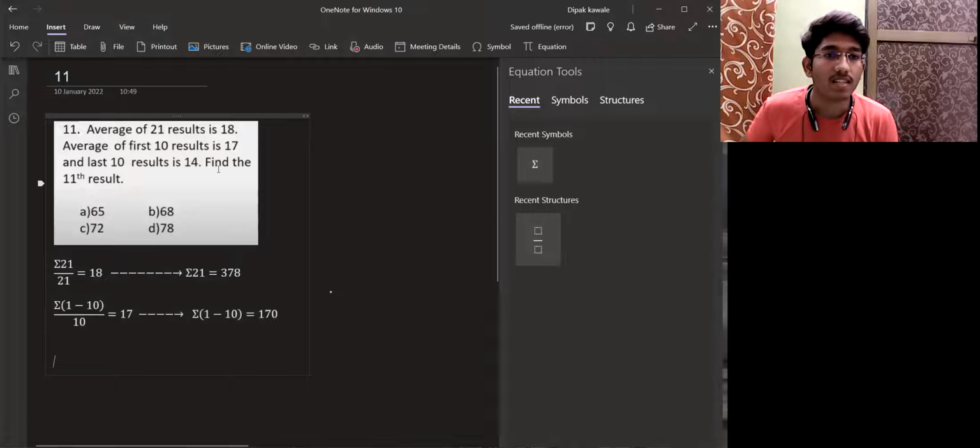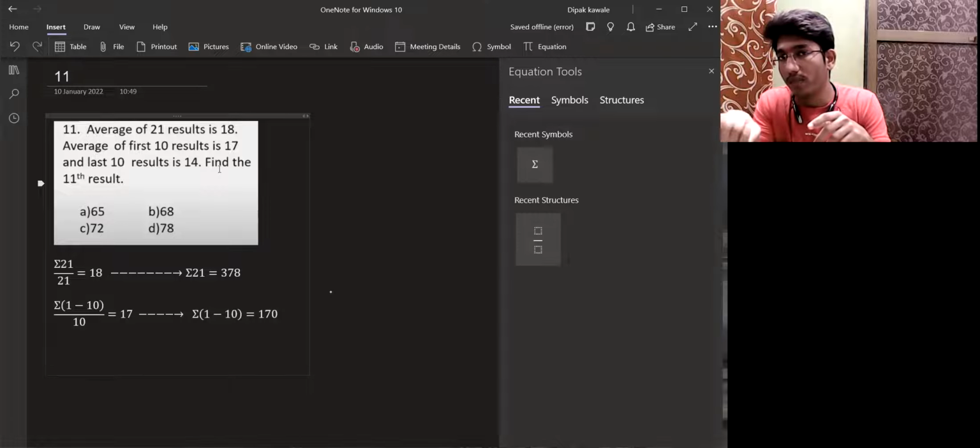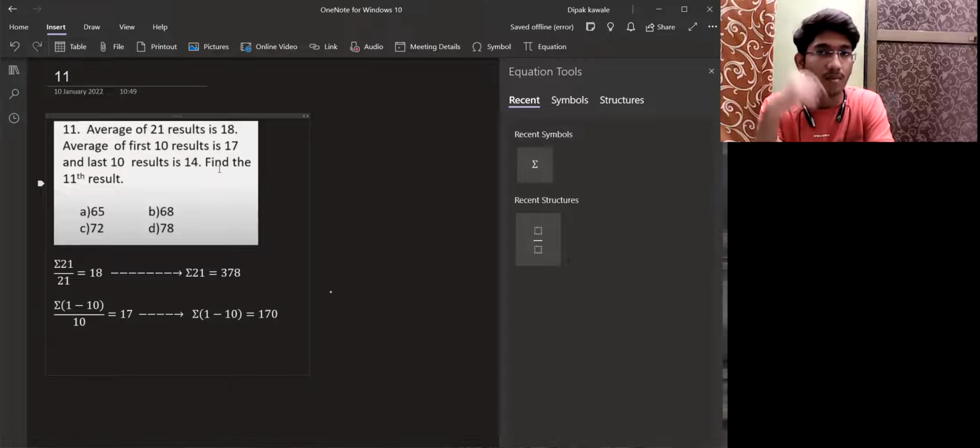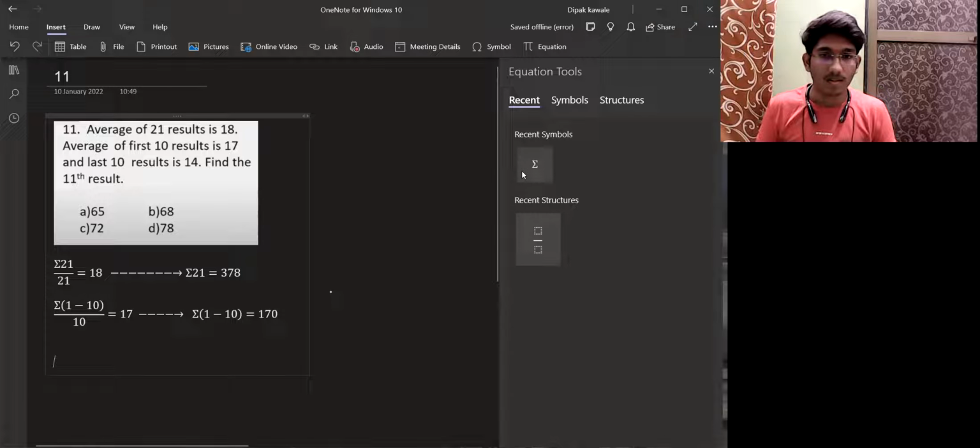And the last 10 results average is 14. Given number is 21. Last 10 from 21 minus 10, it is 11. We have to consider it from 12. So 12 to 21 is the summation. Okay, one mistake.